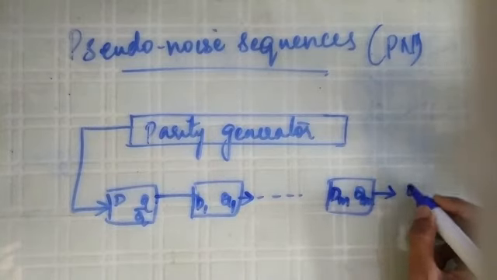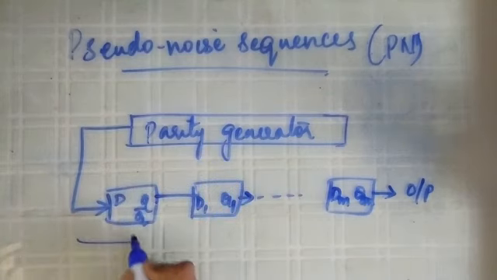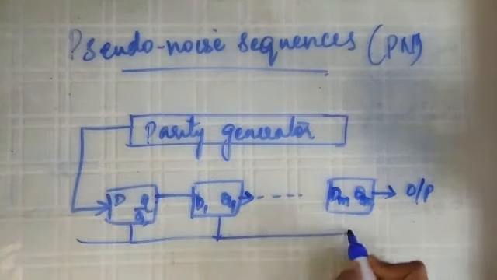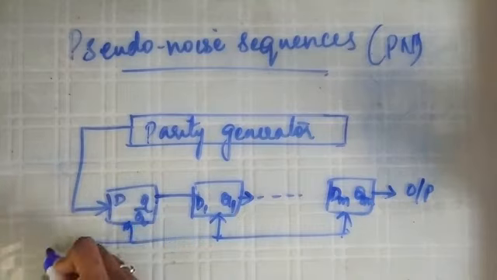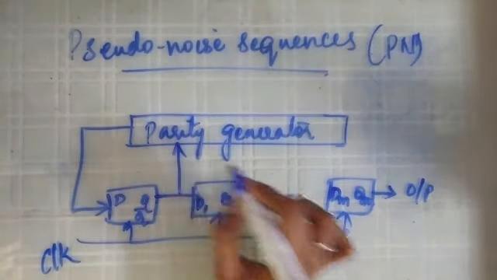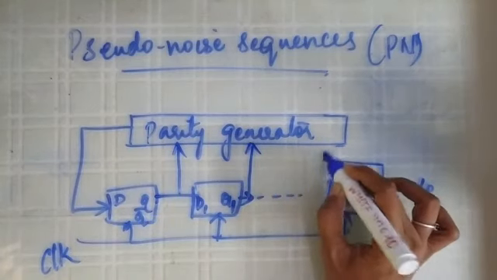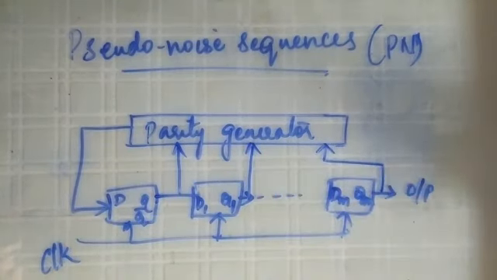This is the output. For each flip-flop you need a clock, so we are providing the clock here, and each output of the flip-flop is connected to the parity generator.